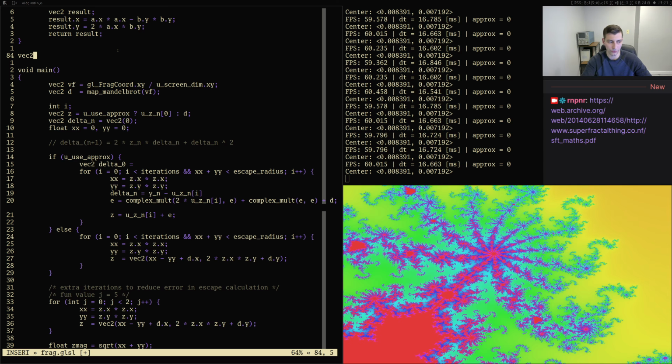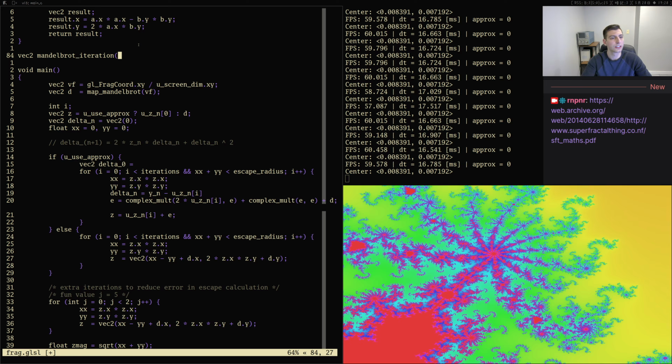So let's have it return a vec2, iterate... Mandelbrot iteration. I don't know.